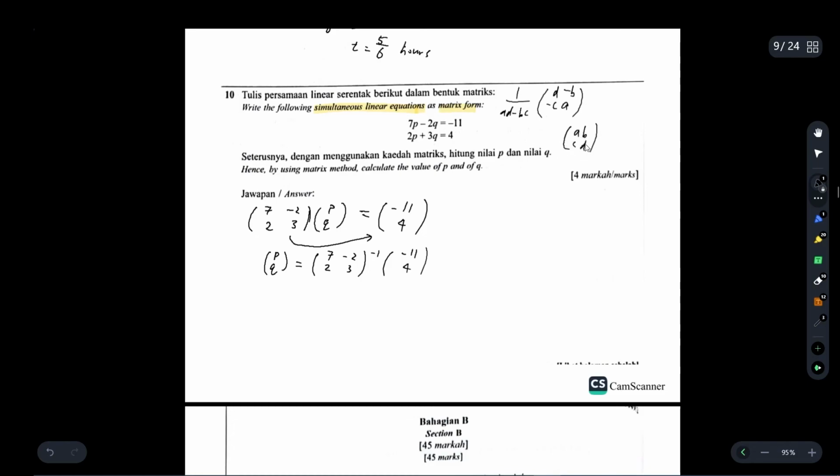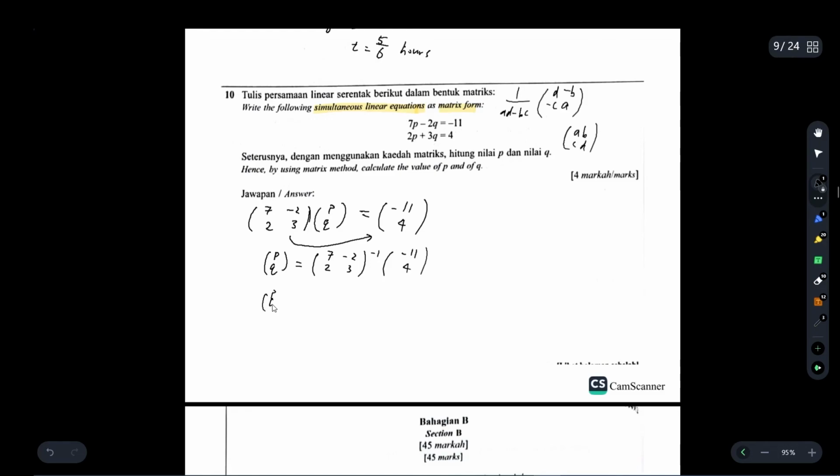What does 搬家 mean? It means the D and A change place, they switch places. And 换姓 means change their last name: we put a negative sign on B and C. 搬家换姓, that's why we call it.